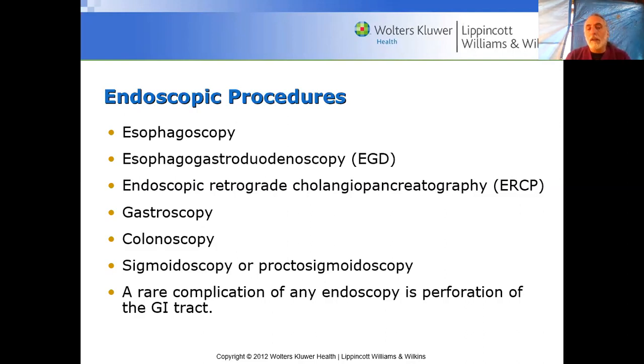Note here, a rare complication, happily rare, of any endoscopy is perforation, right? Meaning that the camera itself, the process, ends up breaking through the wall of the GI tract. This is especially concerning as within the GI tract, it is not a sterile environment. Bacteria grow and thrive there.